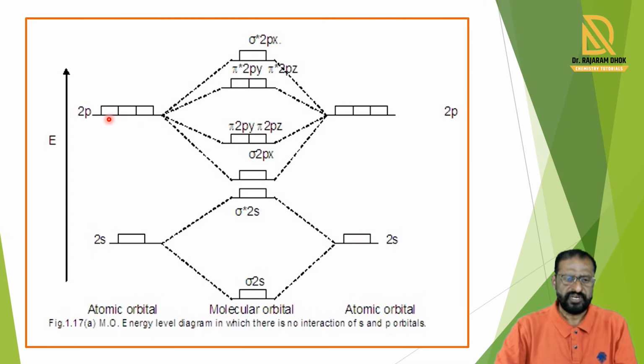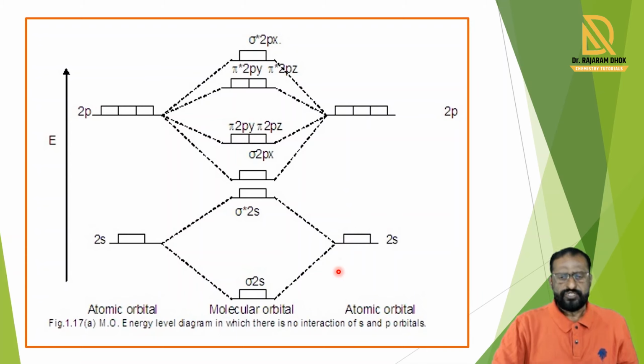So we have shown here three squares. Here also, in the second atom, three squares are shown because they also have the same energy. In this way we show the 2s and 2p atomic orbitals for both the atoms.